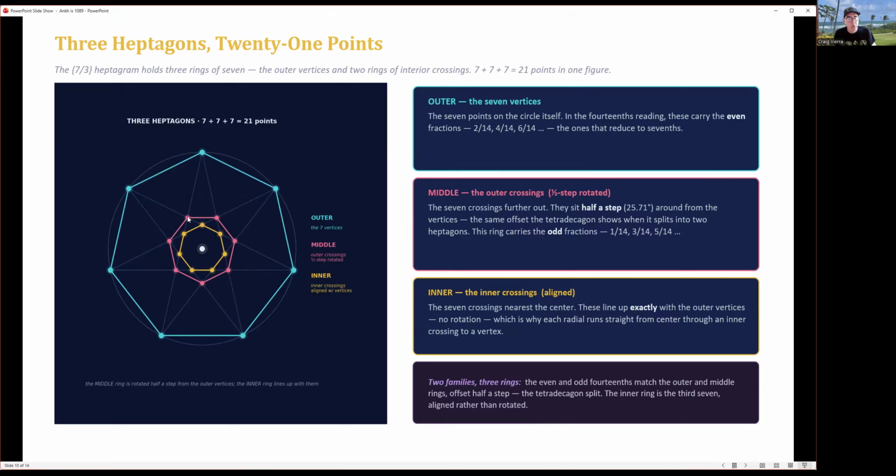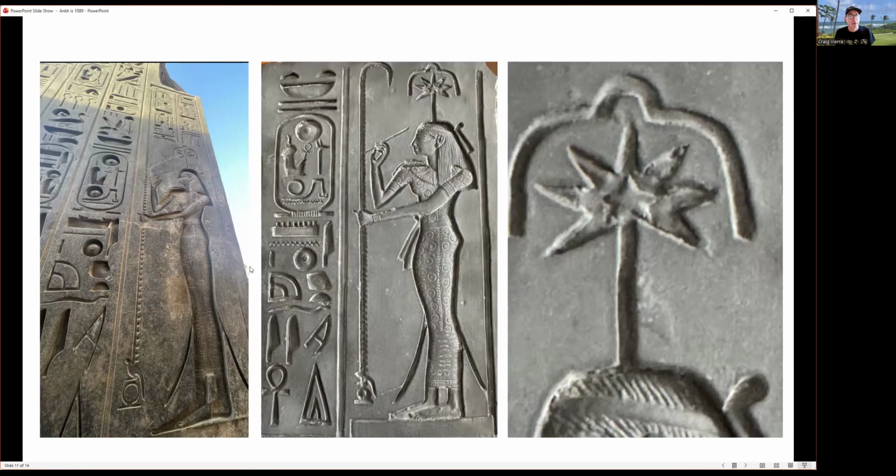And then there's where the lines for the star cross. You can see there's 7 other ones. So there's actually 3 heptagons in this structure. 3 times 7 is 21. And number 21 is also important. I want you to keep that in mind as we go through this.